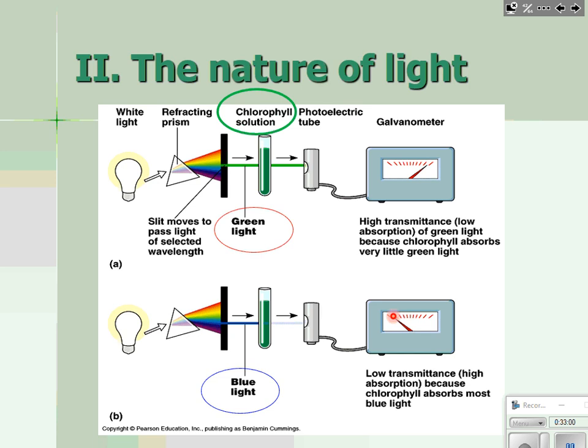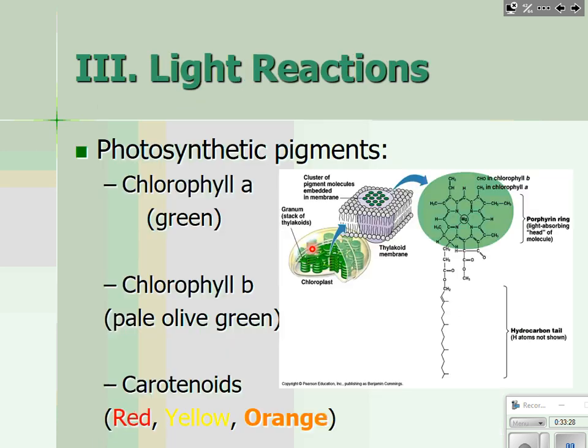Notice the needle is way over to the left, showing that very, very little of that blue light was transmitted through the chlorophyll. Why is that? Because chlorophyll absorbs that blue light energy, but chlorophyll is unable to absorb the green light. So again, back to the extra credit, it is green light that is least absorbed by chlorophyll A.